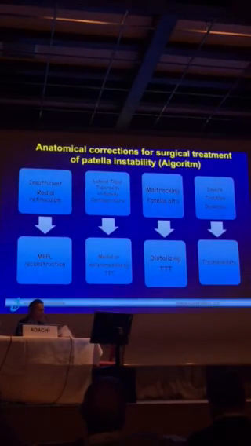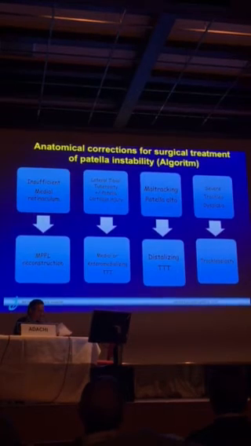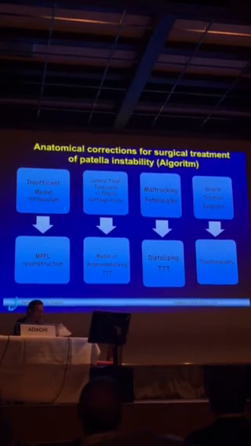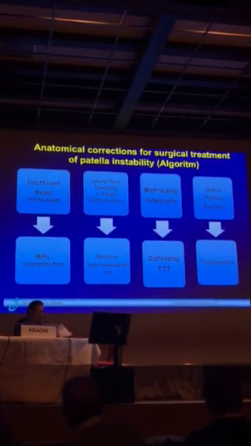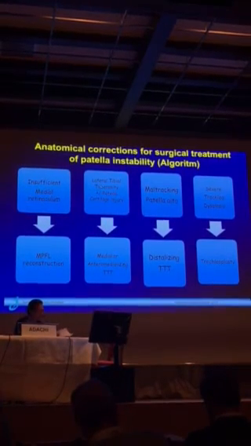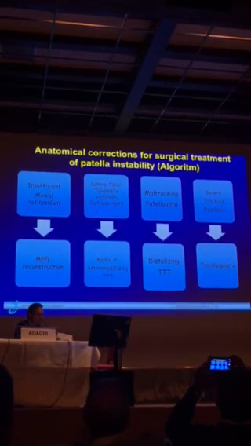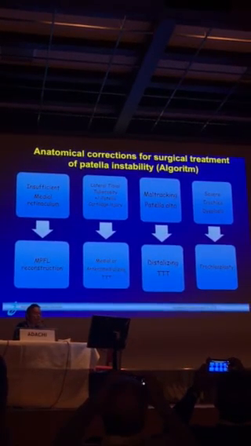So here is an algorithm for correcting the different anatomical abnormalities. If you have insufficient medial retinaculum, which is a more frequent pathology, we do an MPFL reconstruction. If you have a lateral tibial tuberosity with or without cartilage injury, you do a medial or anteromedial tibial tuberosity transfer.